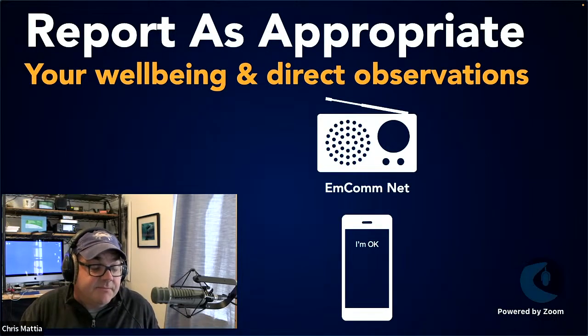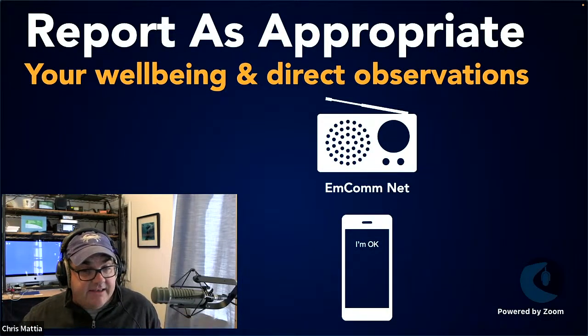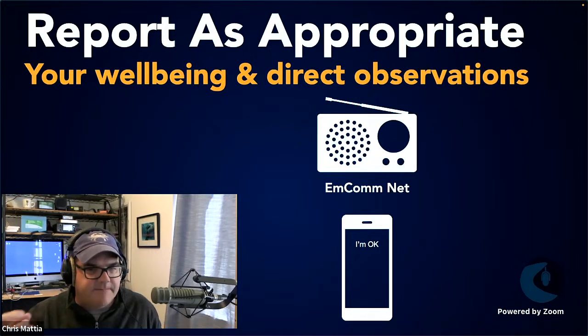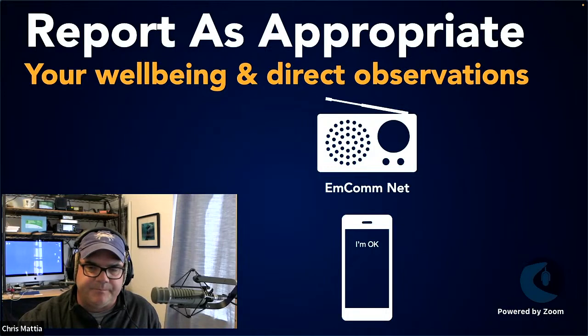It might be an HF simplex frequency because of the terrain where your area is at. It might be something like VARA AC, where you're getting on a chat with the local folks in your area and so forth. But you want to start to monitor and start being in connection with the folks on your team, provided you're safe at that point.